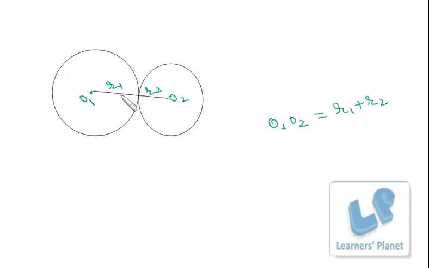If the two circles touch each other externally, the distance between their centers will be equal to the sum of their radii, R1 plus R2. And here we can have a common tangent also. So here it is a common tangent.